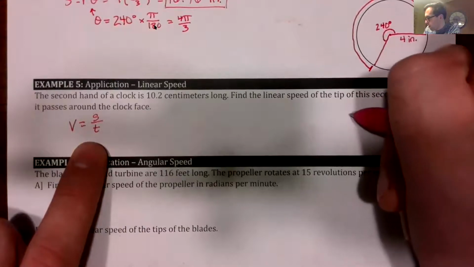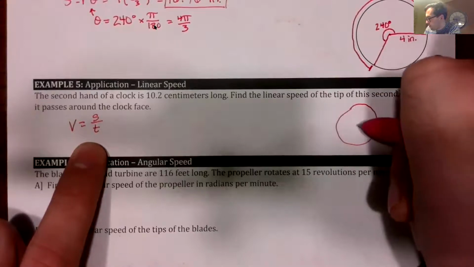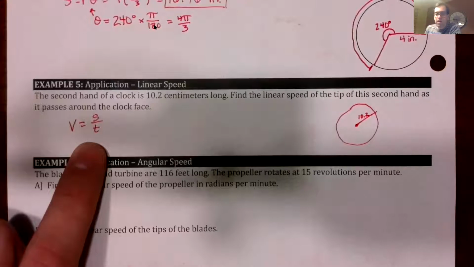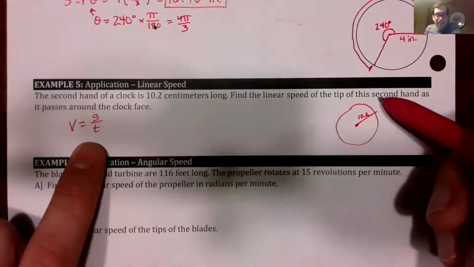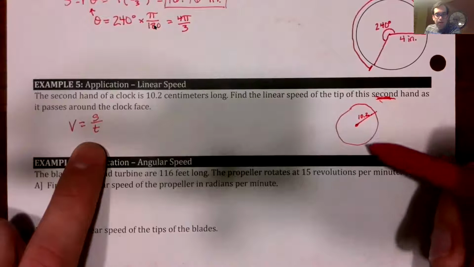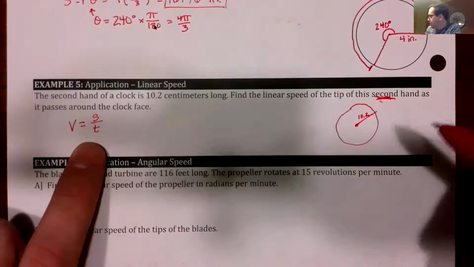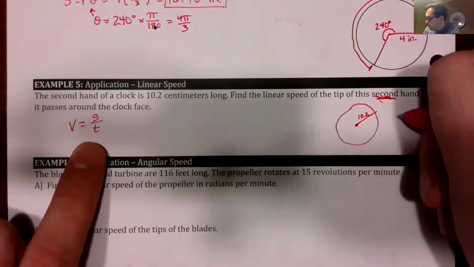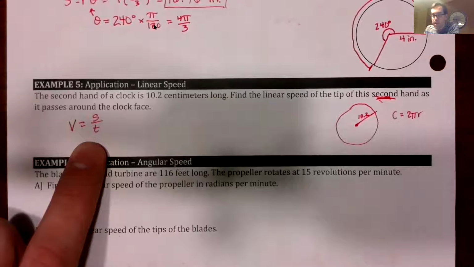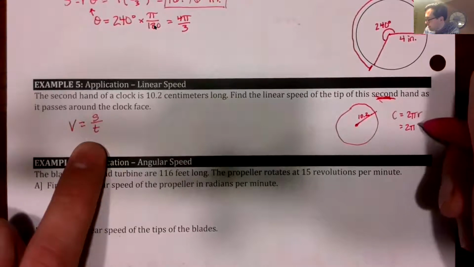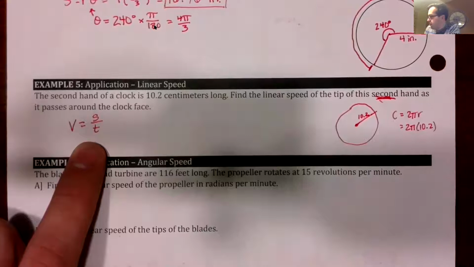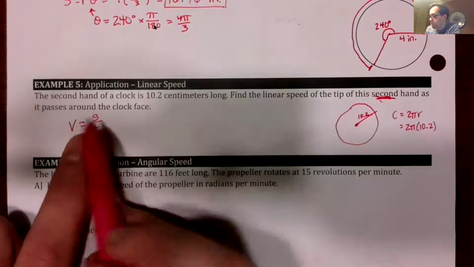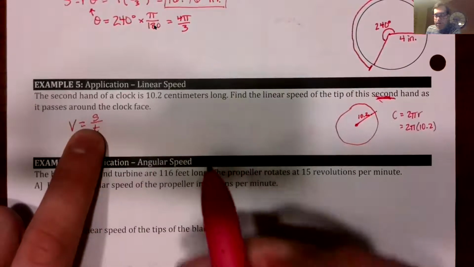But let's think about what we know about a clock. We know that a second hand goes all the way around the circle in 60 seconds, or in 1 minute, right? So we could figure out the circumference of the circle, which is 2 pi r, right? If we do 2 pi times 10.2, that's going to give us the length of the arc all the way around the circle, which is what this S is, right? We said S was arc length.